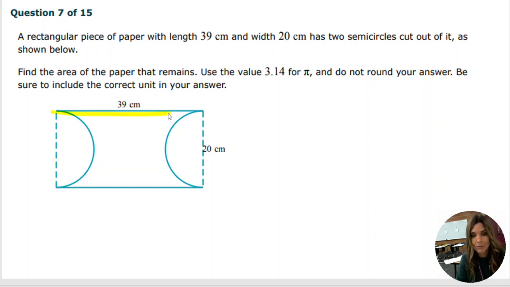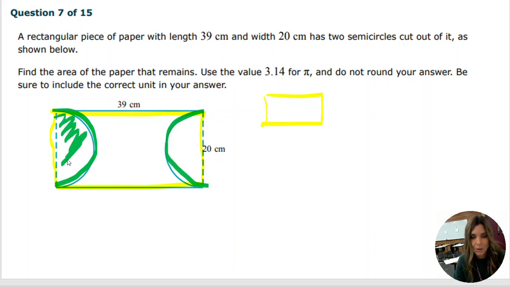Okay, so what we have is a rectangle piece of paper. And then there are two semicircles cut out of it. So we're cutting out this part, we're cutting out this part, and we want to know what the space is in the paper left after we cut the semicircles out.